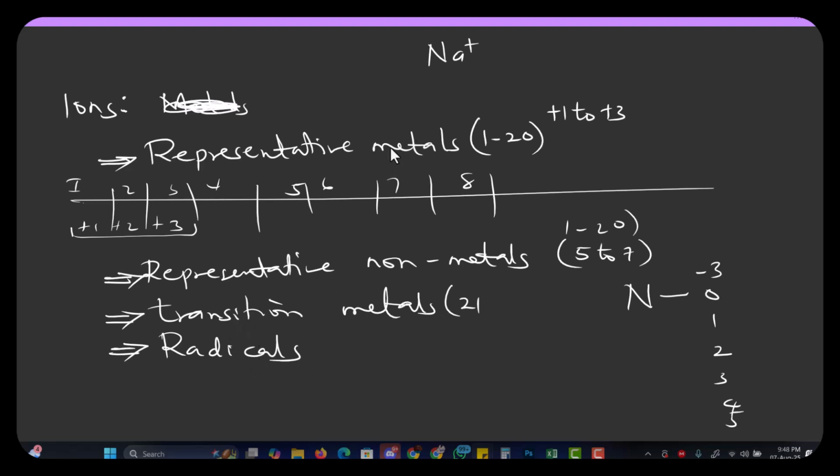You have to know how to write ions from metals, non-metals, transition metals, and radicals. Metals have one oxidation state, non-metals have variable oxidation state, transition metals also have variable oxidation state, and radicals contain two or more elements with a single charge.